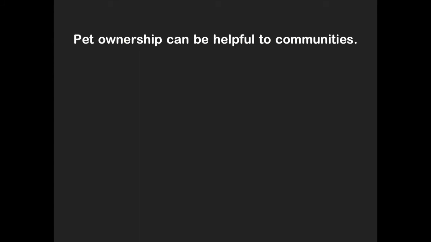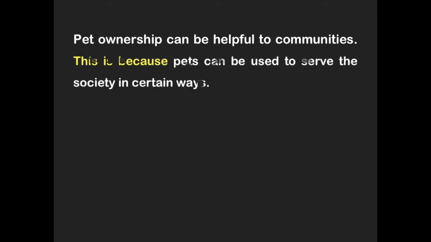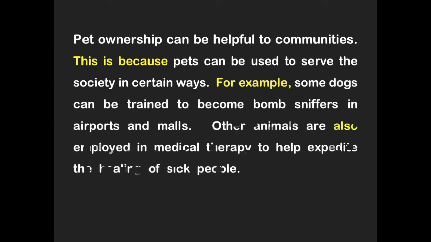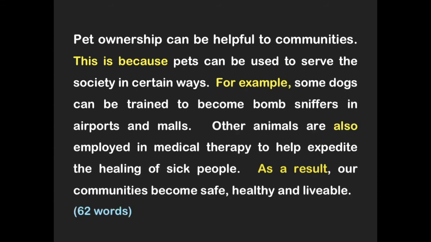So here now is the resulting paragraph. So you read each of the part over here, and then once you're done, emphasize that from a singular idea, they have already produced 62 words. Now imagine if the writer adds another benefit here of pet ownership besides being helpful to communities.